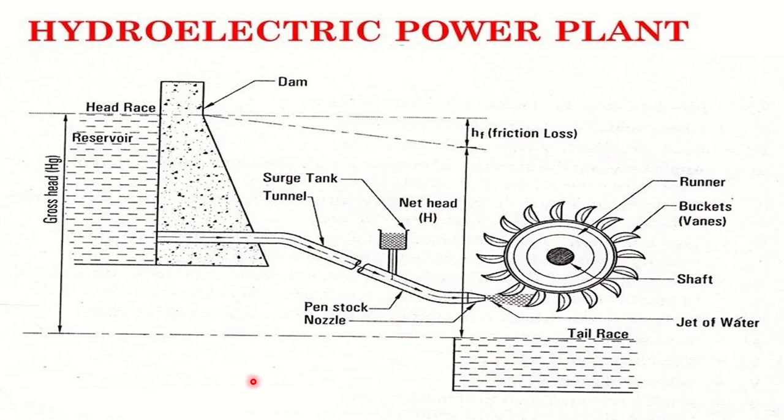Now you can observe in the diagram the layout of a hydroelectric power plant. In this power plant, I'll be telling you some important heads and also some important parts or components. Observe, you have a reservoir to store the water coming from a river, and you have a dam, and then you have a penstock.